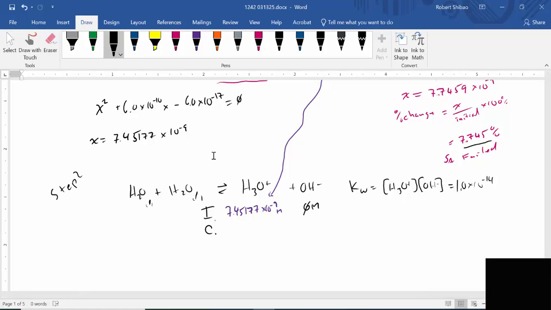Now we allow the water molecules to collide. When they collide, they produce some hydronium and some hydroxide, in a 1-to-1 mole ratio. So I'm going to get plus X molar hydronium, plus X molar hydroxide. But the amount I'm going to have is going to be a lot less than 10 to the minus 7 because now I have some to begin with, here, 10 to the minus 9.